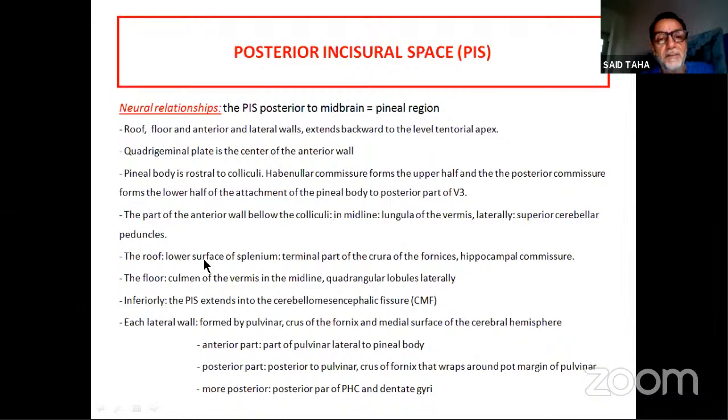The roof of the posterior incisural space represents the lower surface of the splenium, and the terminal part of the crura of the fornices and hippocampal commissure. The floor is represented by the culmen of the vermis in the midline and the quadrangular lobule laterally.